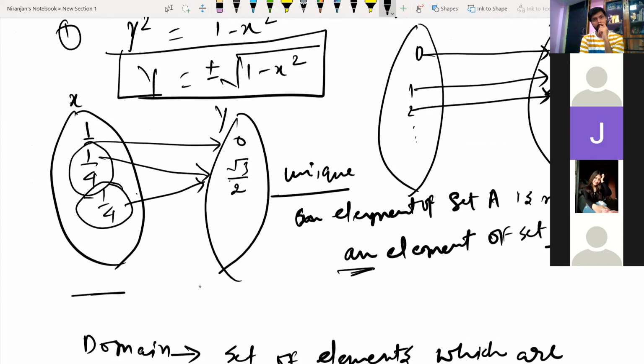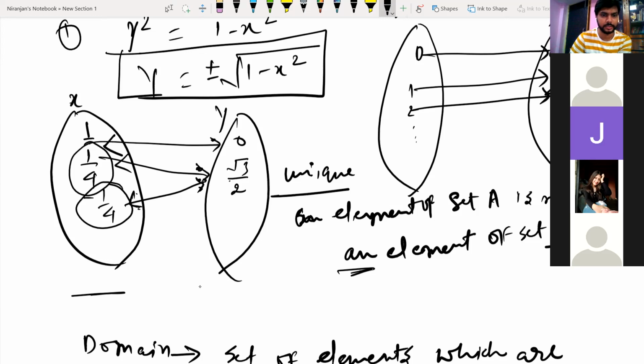Like 1 by 4 has a unique image, root 3 by 2, and minus 1 by 4 has a unique image. Actually, I'm so sorry that you thought that way. I made an incorrect arrow. I got your point. So this is where it is going.